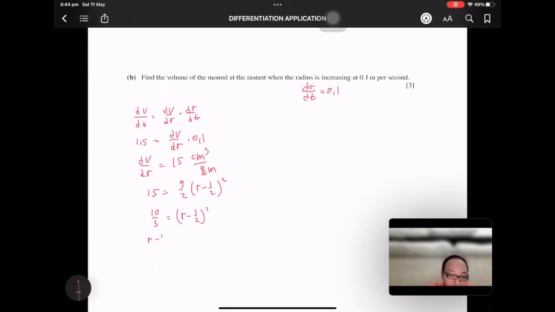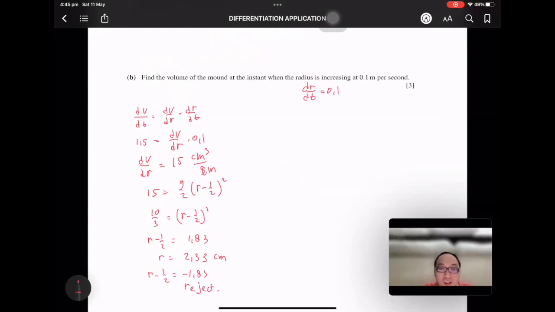So r minus half equals root of 10 over 3. It is 1.83. So r will equal 2.33 centimeters. The other one, r minus half, will be negative 1.83. But since r cannot be negative, we reject this.